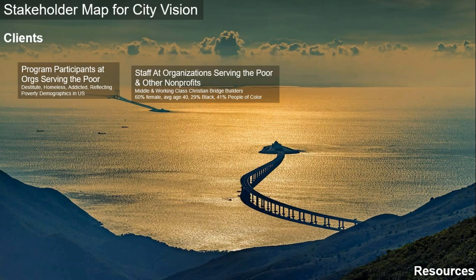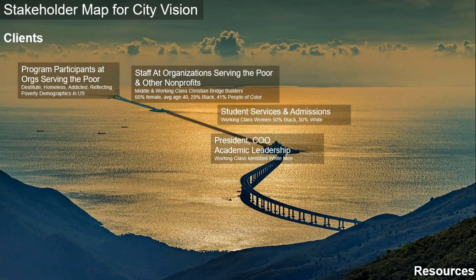So how are we serving them? The first tier for us serving them is our student services and admissions. We have one staff in each of those positions, and they're working class women. When I say working class identified, I mean that's their primary community that they're connected with. One is black, one white.